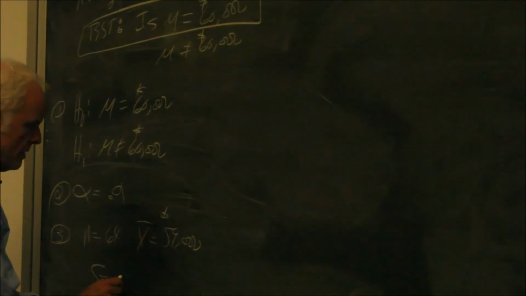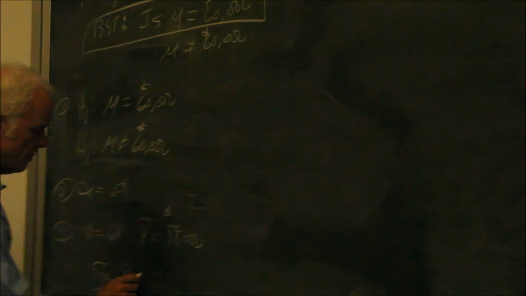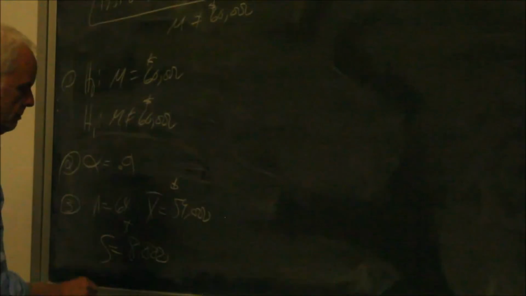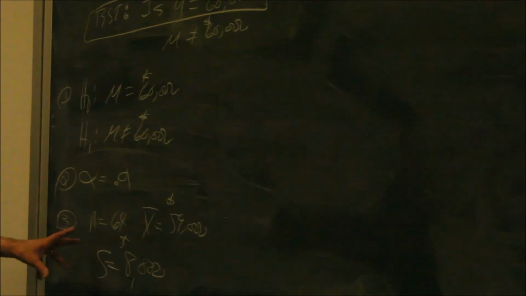No sigma. Let's say that S, meaning you have to calculate the sample standard deviation. That means you have 64 pieces of data. You got to calculate S. And let's say S is $8,000. Everybody know how to calculate S? Make sure you know how to calculate S. So those are the statistics.